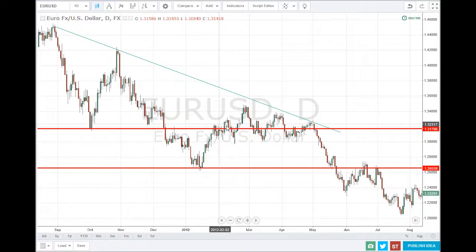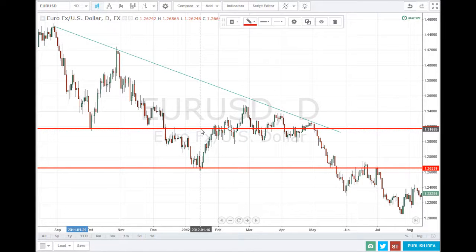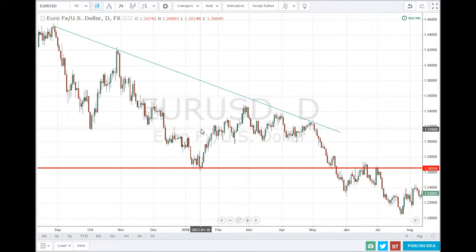Price comes on the upside. This resistance is no longer needed. You'll see that price continually ignores this potential support and resistance, so we can delete that. We have a new support here.